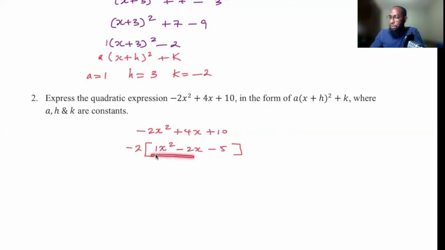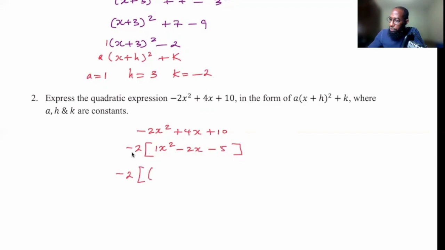So we're going to deal with this now. This here is just like what we did above. So let's deal with it. We're going to start putting this into this form here. But we must rewrite everything else. What's outside the brackets, the number and the square brackets, we must rewrite that. So we have -2.